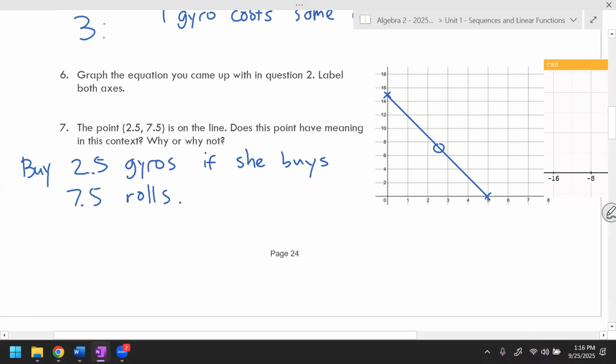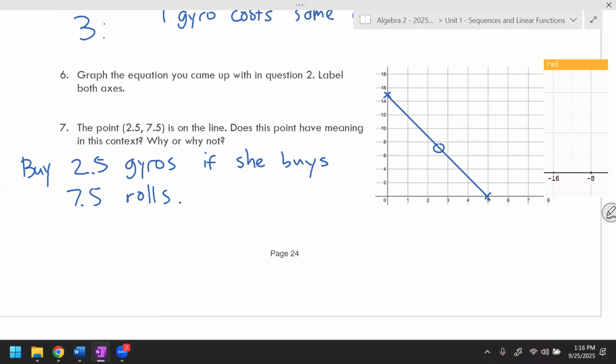That's kind of just going to depend on the store, right? Some stores will sell you a half thing and just charge you half. Some stores won't do that. But it kind of makes sense. X is 2.5 and Y is 7.5. Yeah, that's fine too.